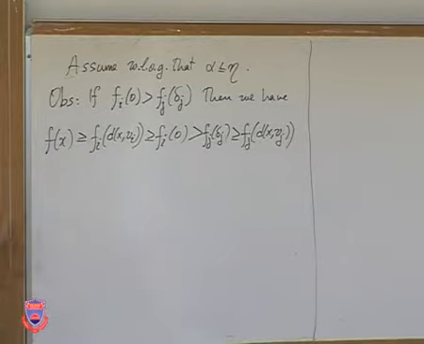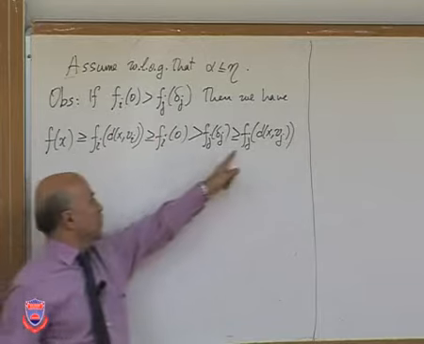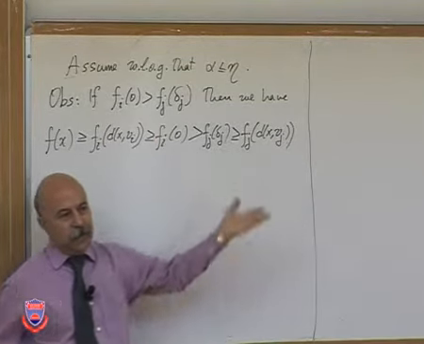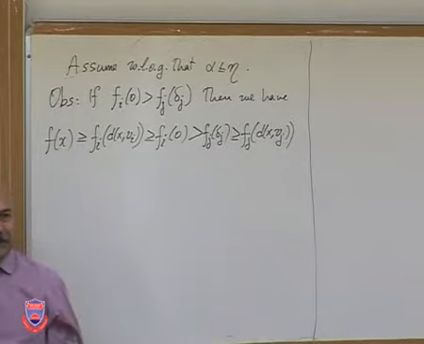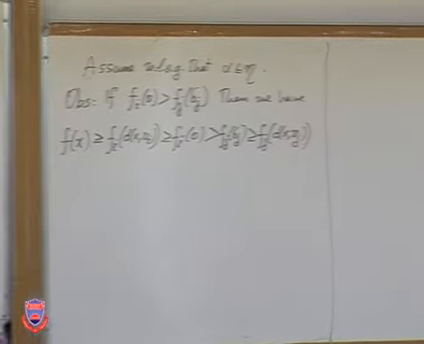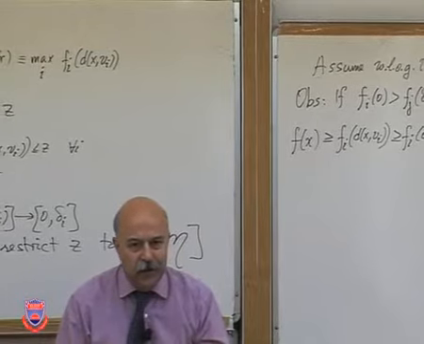So this simply says that under such an assumption, f of x is always strictly greater than that particular f_j, which means that f_j has no chance of determining the maximizing loss. So you might as well just eliminate it from further consideration because it will not really change anything.